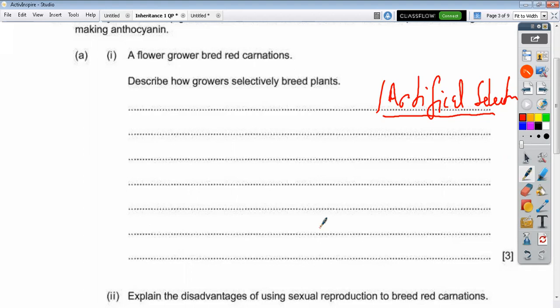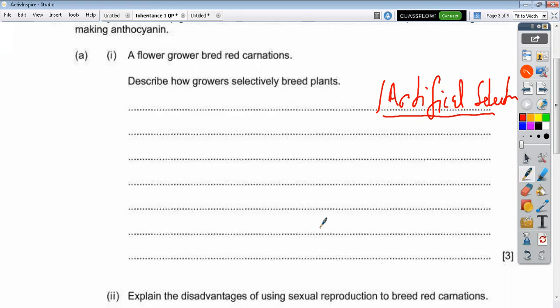Then the individuals are crossed together to produce the next generation.